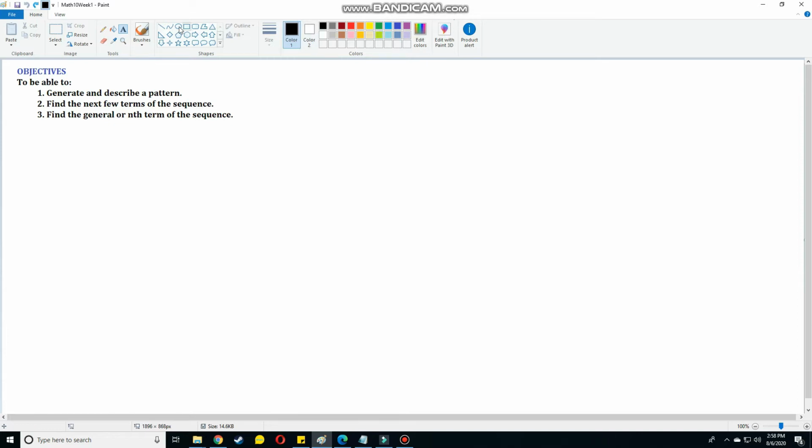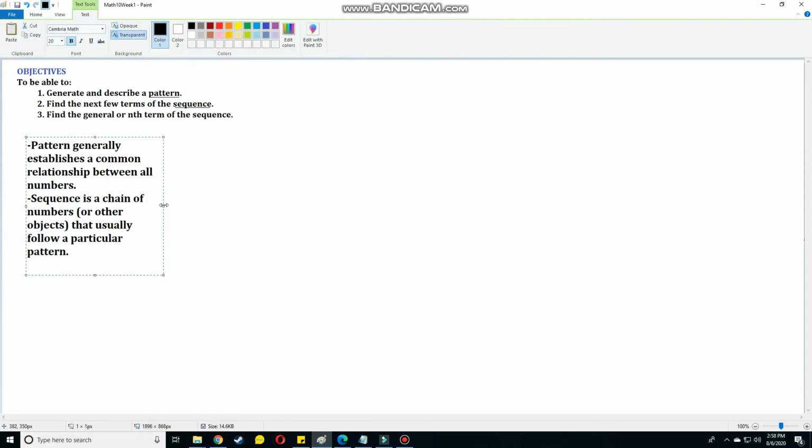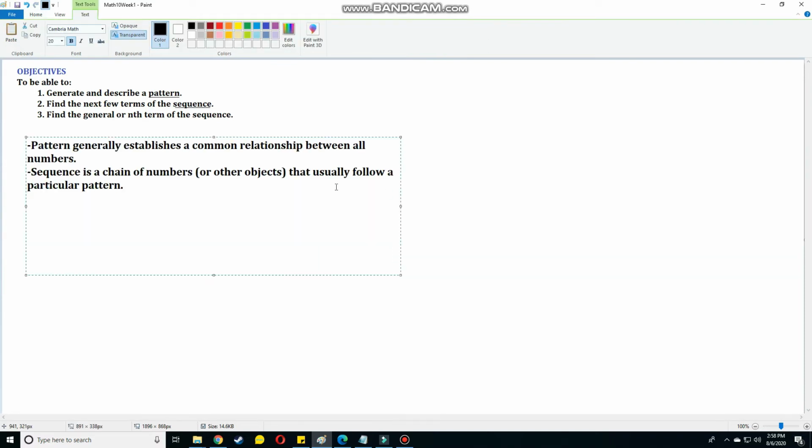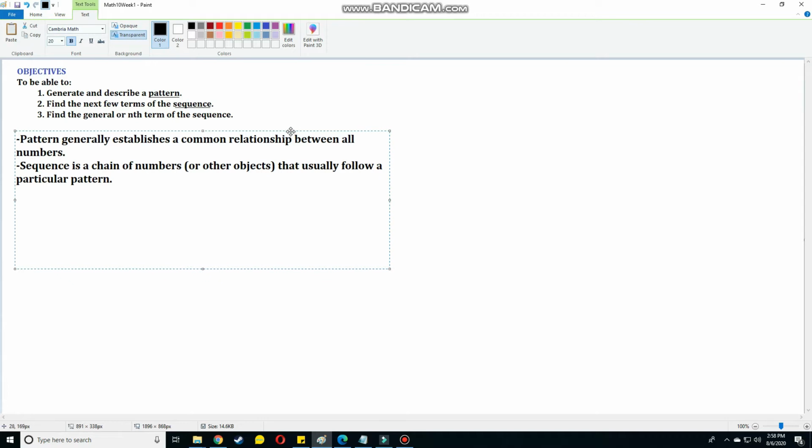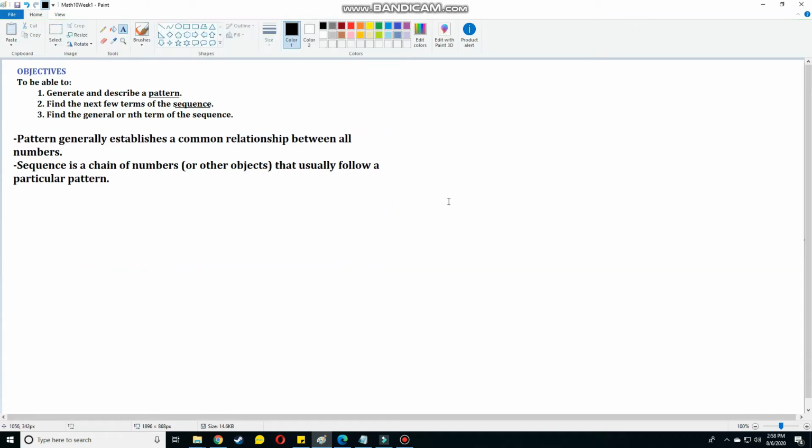Before we proceed to our discussion, let us first know the definition of what a pattern is and what a sequence is. So now let's have a simple definition. A pattern generally establishes a common relationship between all numbers or objects.